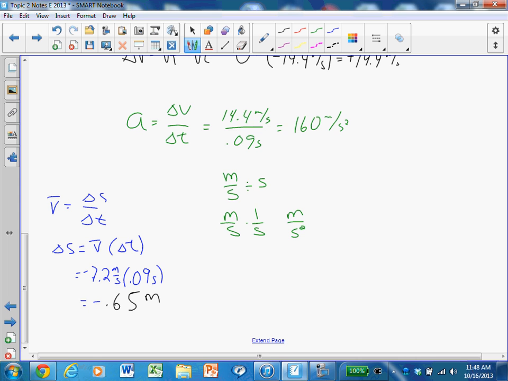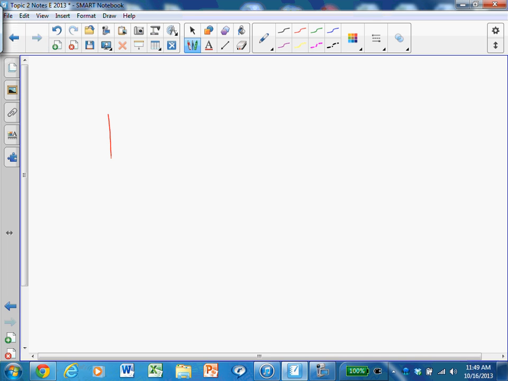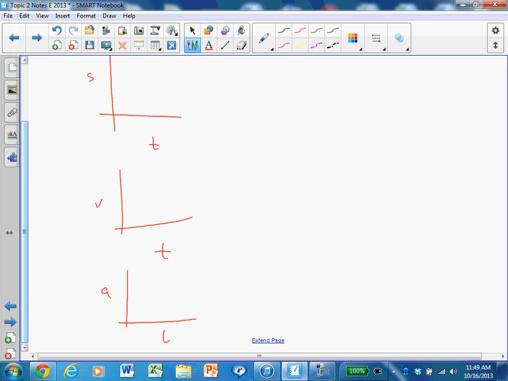It would be the change in velocity. See, basically, you have three graphs: position versus time, and we can stack them, velocity versus time, A versus time. Okay?